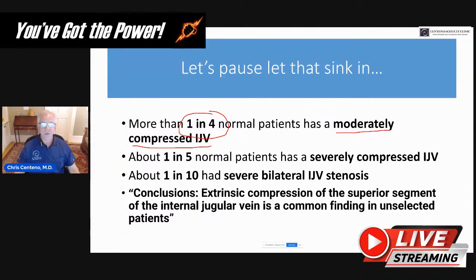This would be 1 in 4 people we pick off the street who might need a CT scan to look for something like carotid artery problems. 1 in 5 normal patients has a severely compressed IJV, and 1 in 10 had severe bilateral IJV stenosis. Their conclusion was, this is pretty common, so we shouldn't get too freaked out when we see this unless we can link it to symptoms.